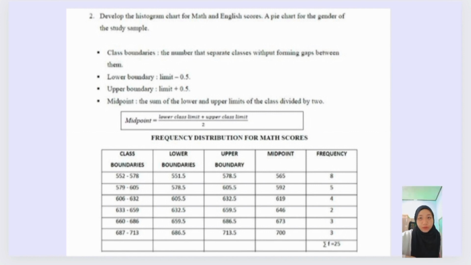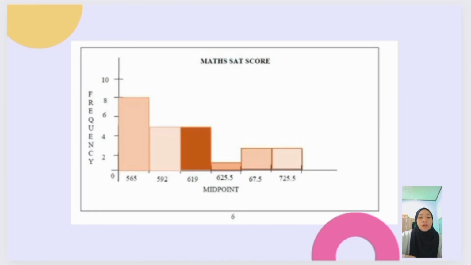For question 2, we should develop the histogram chart of math and English score, and a pie chart for the gender of the study sample. To get the frequency distribution for math first, you should know the class boundaries, which are the numbers that separate classes without a gap between them.